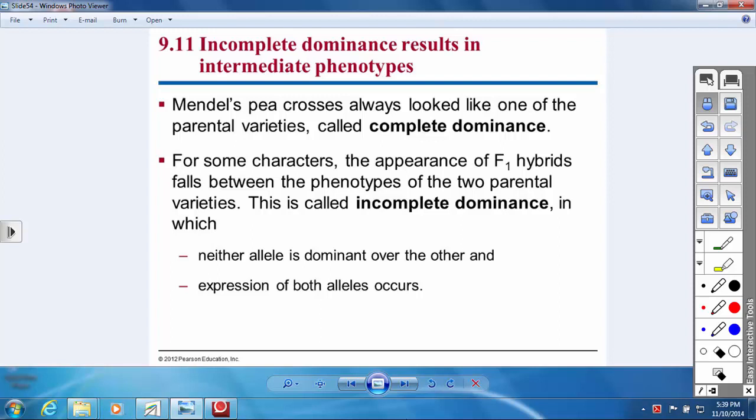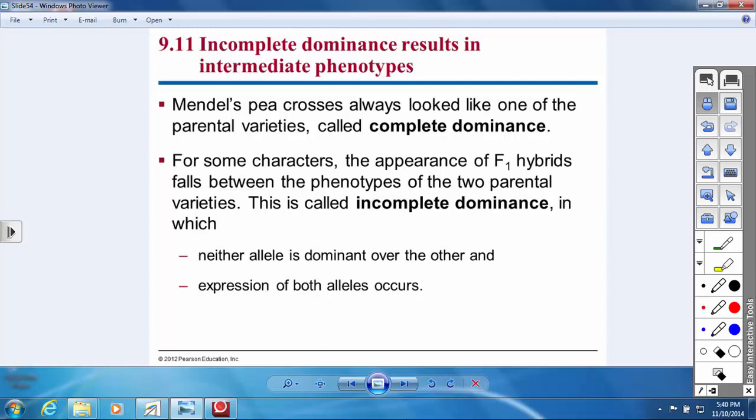So now we're going to cover things like incomplete dominance and why we see certain variations from Mendel's laws. So in the P crosses, you would always get one or the other, and that's complete dominance. But for some characters, there's incomplete dominance, where the hybrids are in between the two parental varieties.